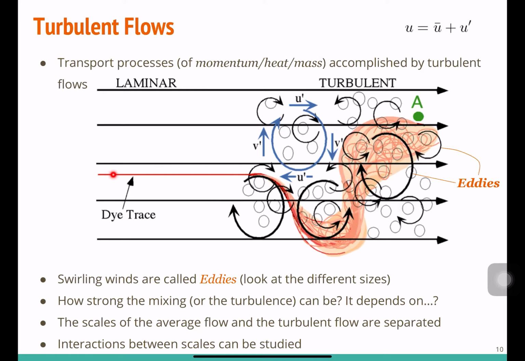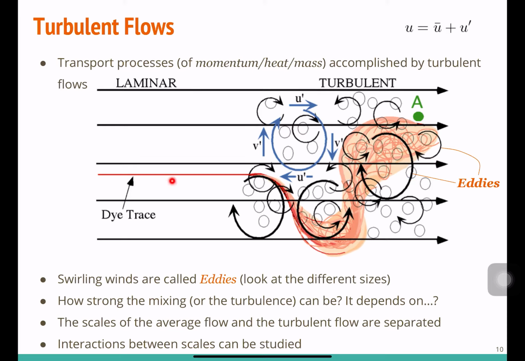You can see that if you follow just one air molecule, it's actually doing a lot of swirling around. It could be swirling in this orange region. So prime means that it's a turbulent flow. We always use this U bar. It could be any direction of wind, okay? The U bar is representing the laminar flow or the average flow, and then U prime is always the eddies or turbulent flow.